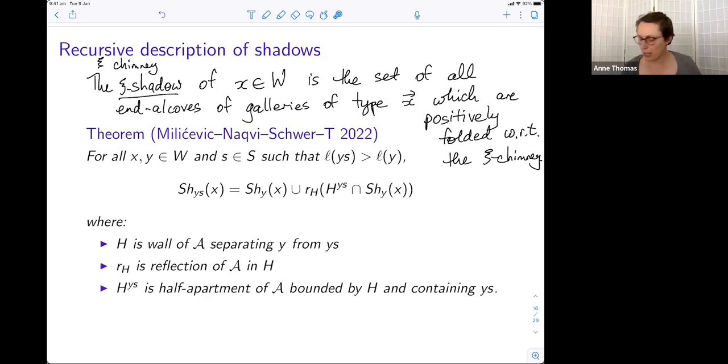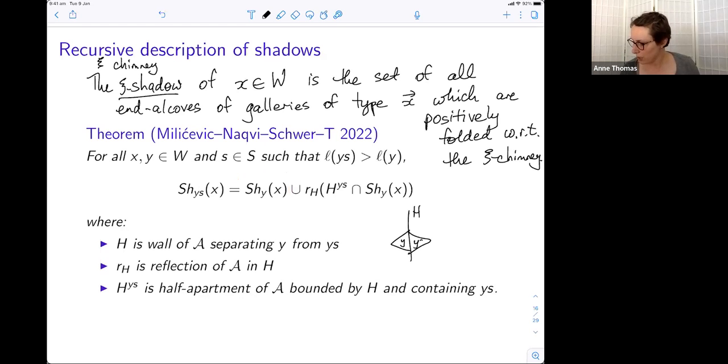Okay, so it's saying if you start at Y and then you go to YS, so that's an adjacent alcove which is further out because the length increases, then the shadow of X with respect to the retraction from YS is found by taking the shadow from the previous step. And then, okay, you have a wall H, which separates the alcoves Y and YS.